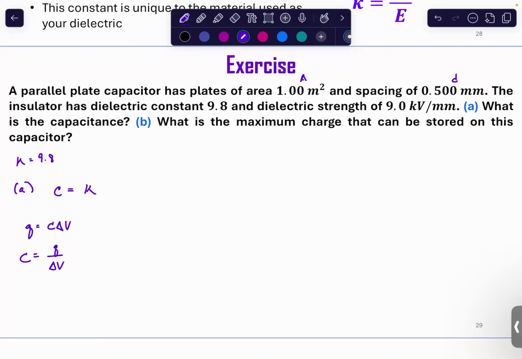So we can go there. Our epsilon 0... No, not equals, times, kappa times.